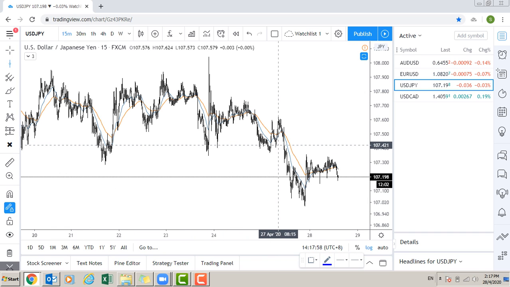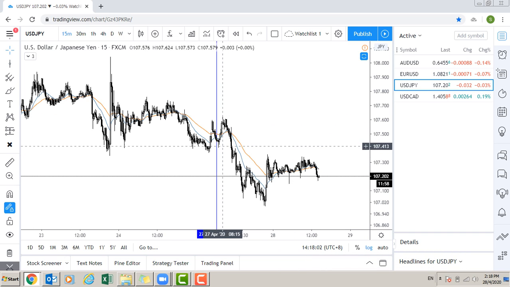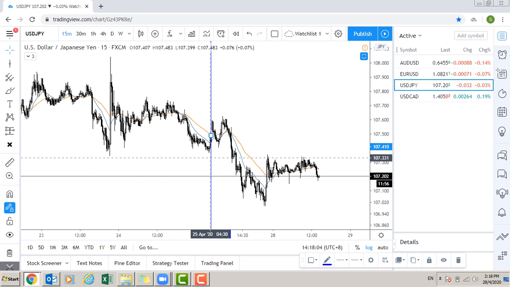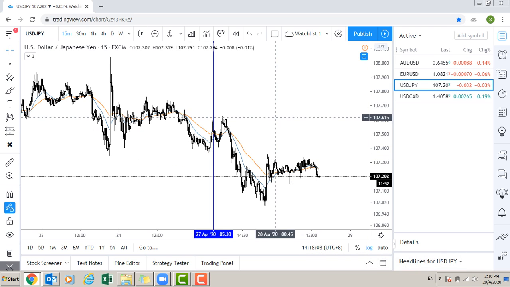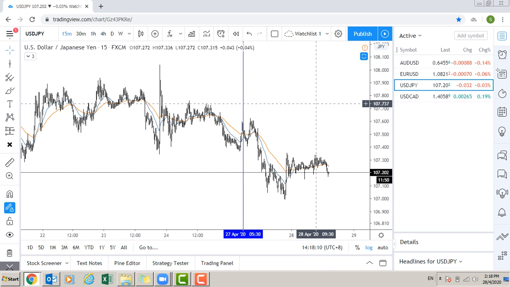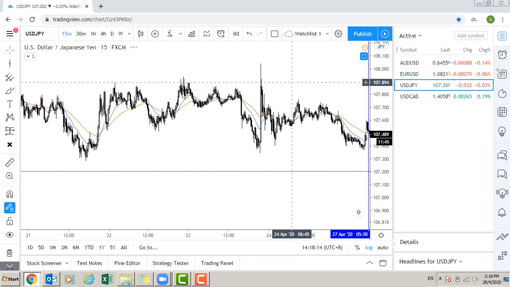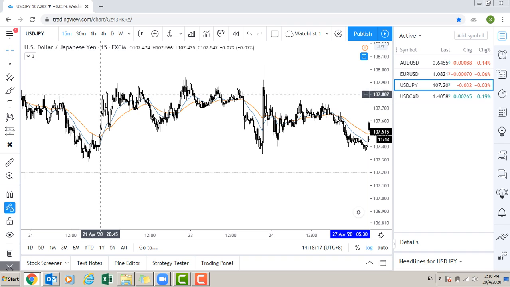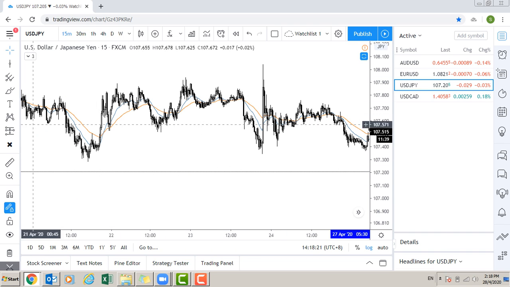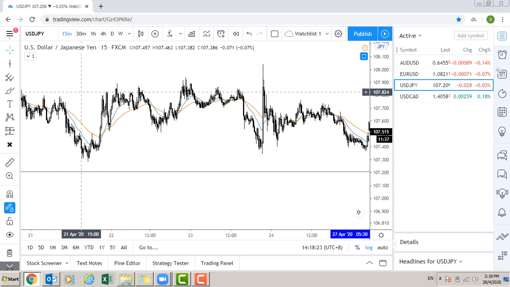The cut-off line will be around here. I think the cut-off line, 27, will be around here. Before we move on, last week we can see the price was in these boxes, trading sideways on the 15-minute chart.